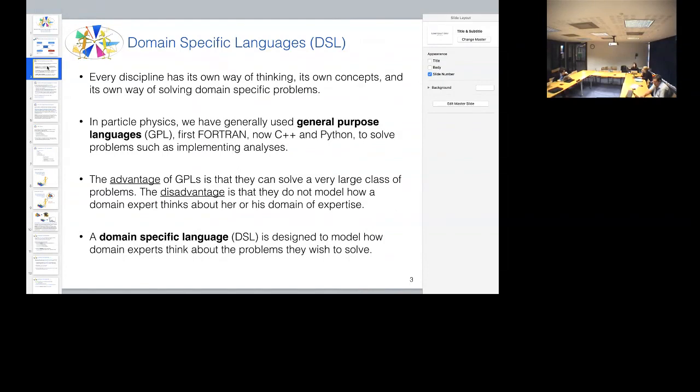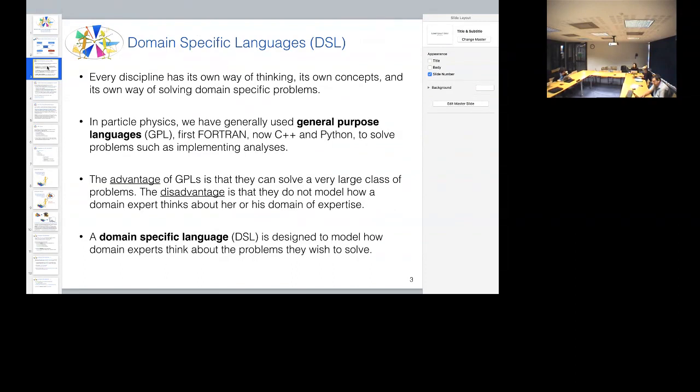First Fortran, now C++ and Python, and no doubt something else in the future. We do that because a general purpose language has the virtue that in principle it can solve a very large class of problems. It may well be that one has to work very hard to solve a problem, but in principle it can be done.